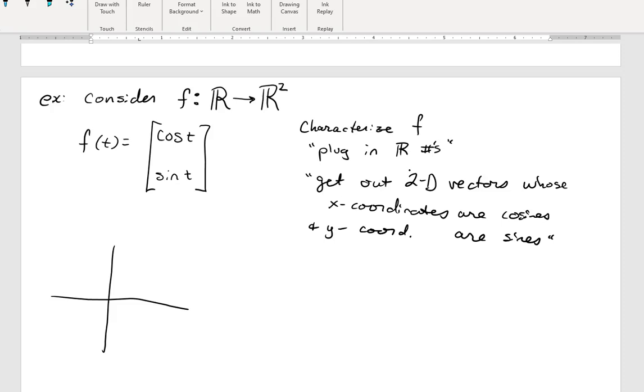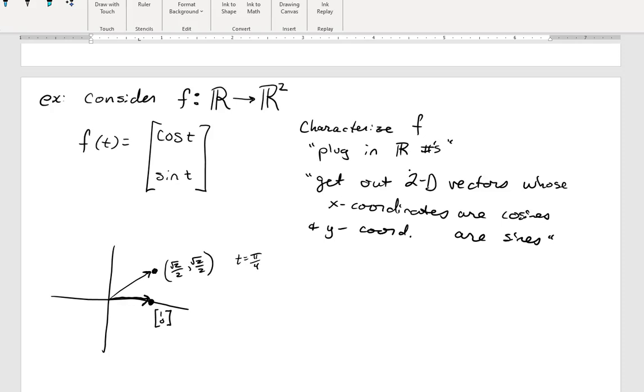All right, so if t were 0, cosine of 0 is 1, sine of 0 is 0. So we would have, if t was 0, the vector 1, 0. All right, if t equaled pi over 4, we'd have the vector that ends at point square root of 2 over 2, square root of 2 over 2.